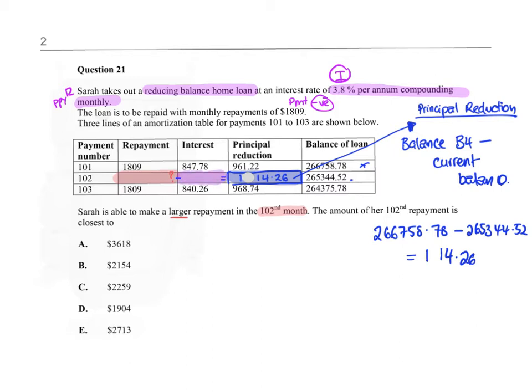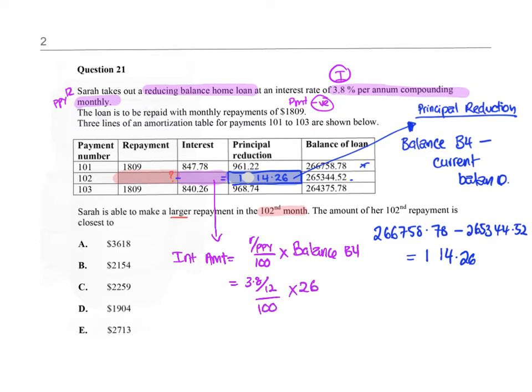Now the interest, so if we go in and find how much interest was, remember interest amount equals the rate over the PPY over 100 times balance before. Now they've given me the rate in the question, so I've got 3.8 and I've got the PPY, so I don't have to go find the interest rate.